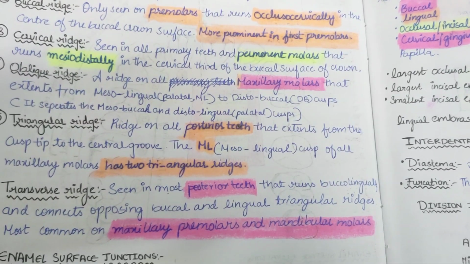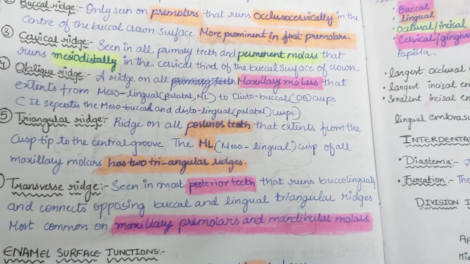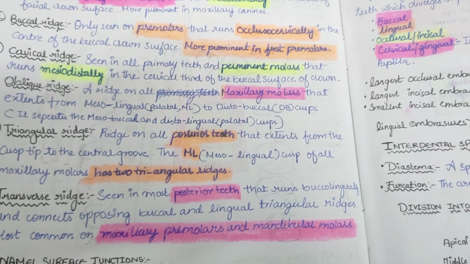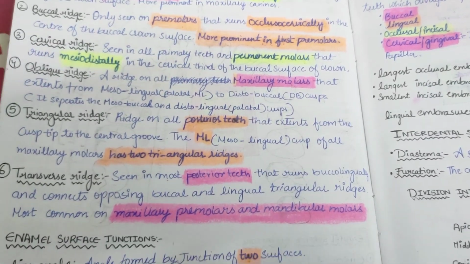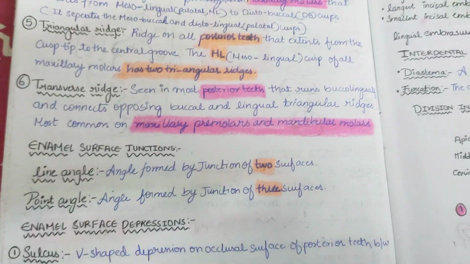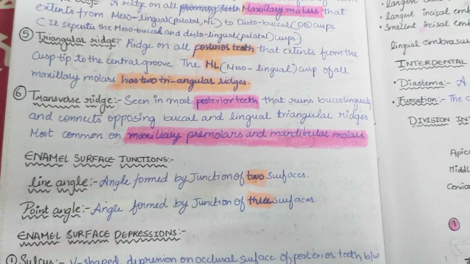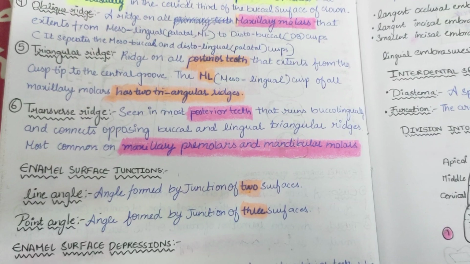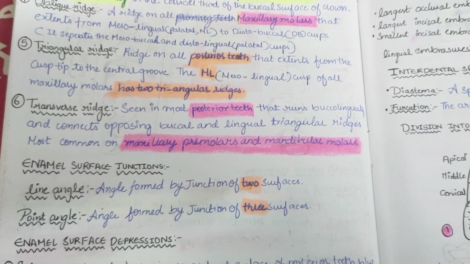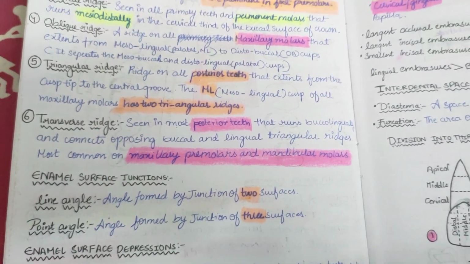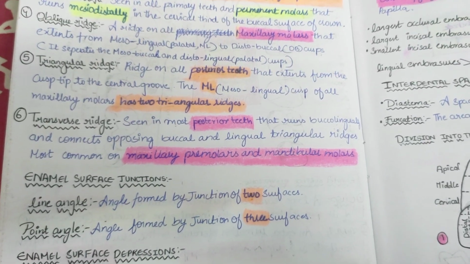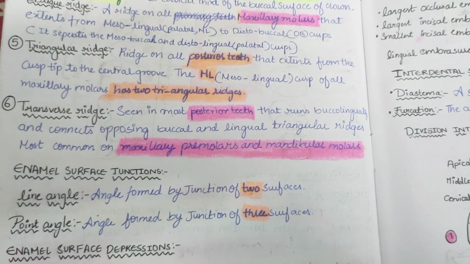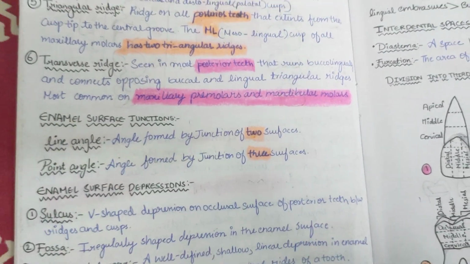Mesiolingual, or we can also say mesiopalatal, because it is in the maxillary molar, where we have the palate. Now the transverse ridge. It is seen in most posterior teeth and runs buccolingually and connects the opposing buccal and lingual triangular ridges. They are most commonly seen in the maxillary premolars and mandibular molars.